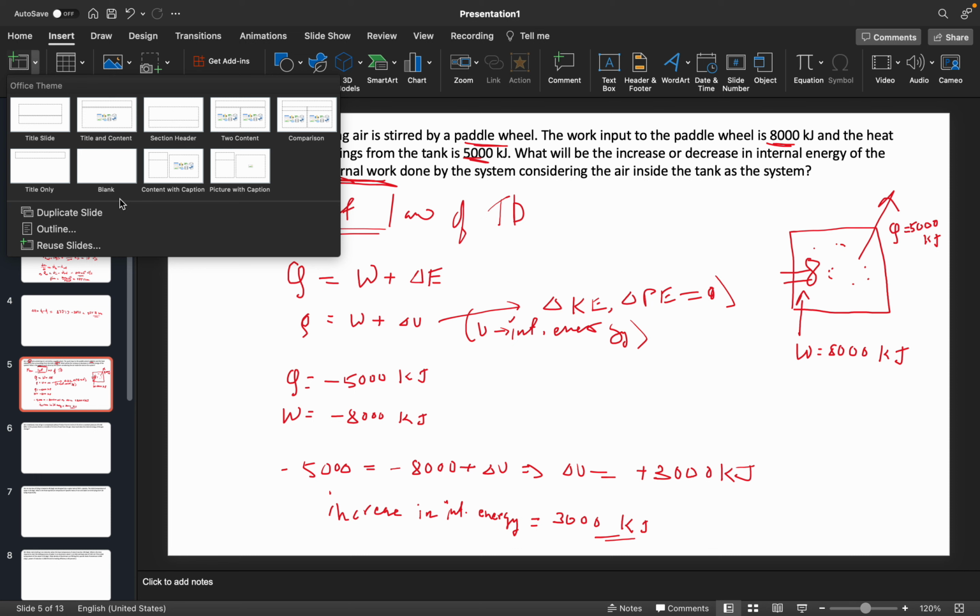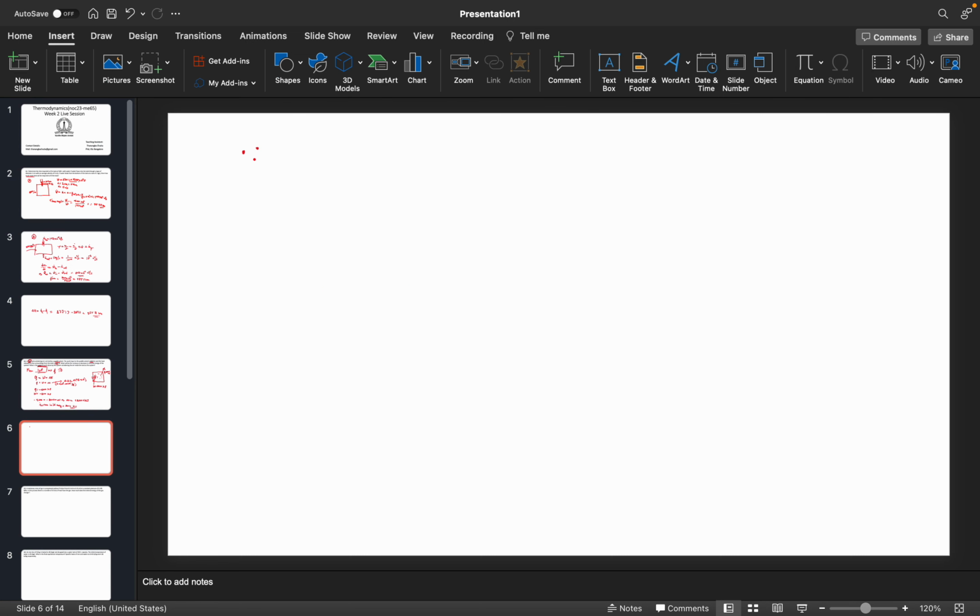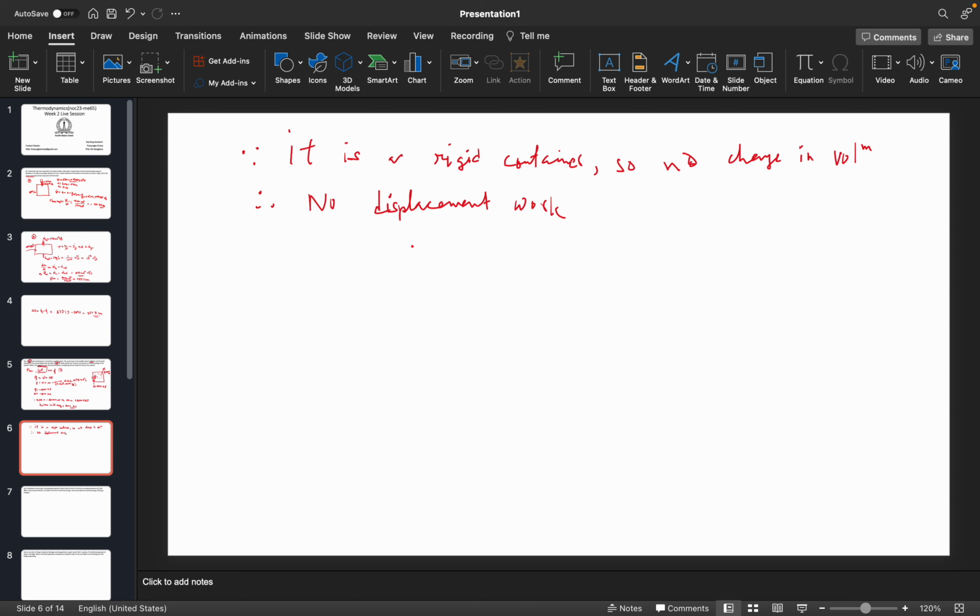Let me write it again here. Since it is a rigid container, there is no change in volume, therefore no displacement work, and therefore, what was the question?